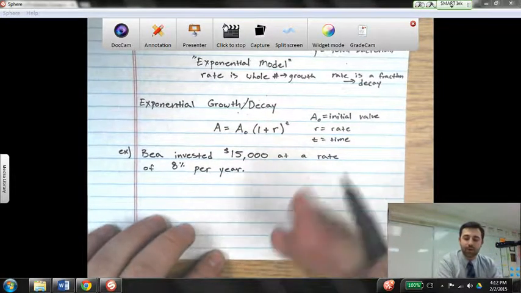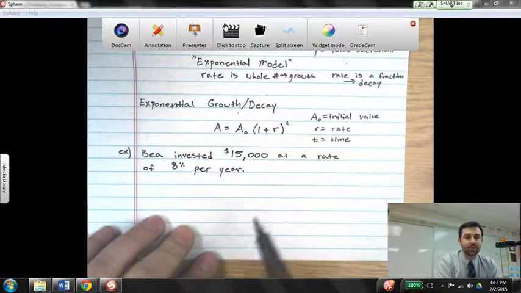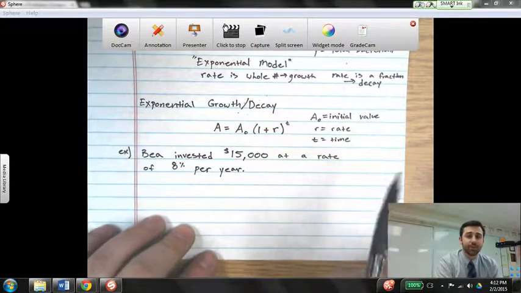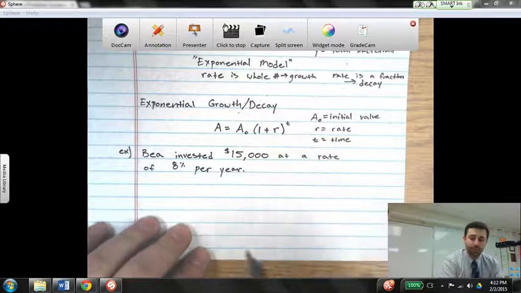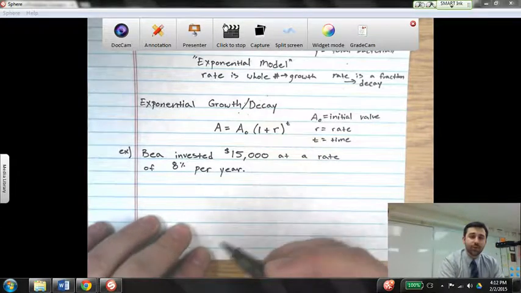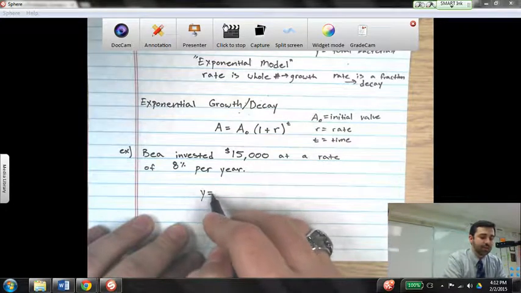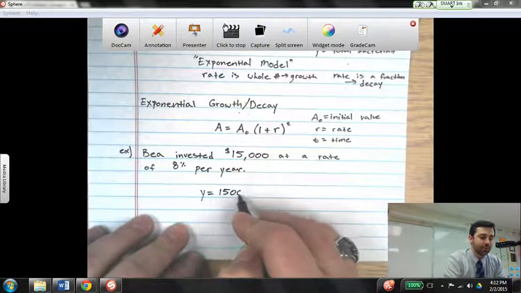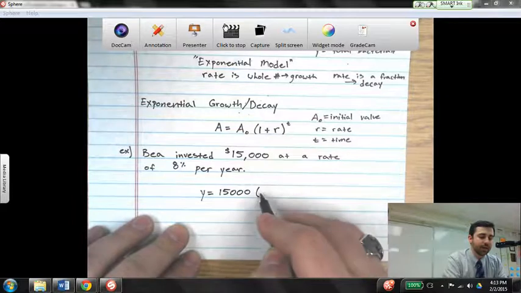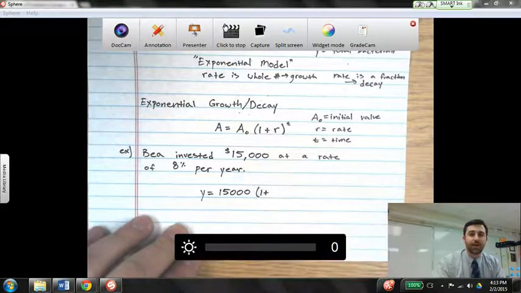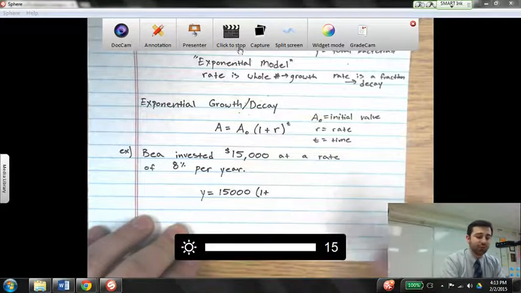So looking at the example, B invested $15,000 at a rate of 8% per year. If I wanted to set up an expression or an equation for this, I would say y is equal to my initial amount, 15,000, times 1 plus the rate. In this situation, my rate is 8%.